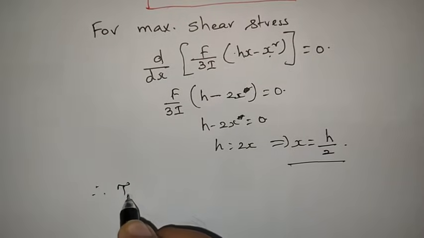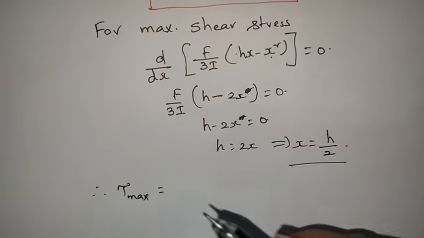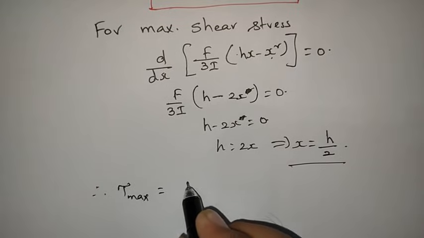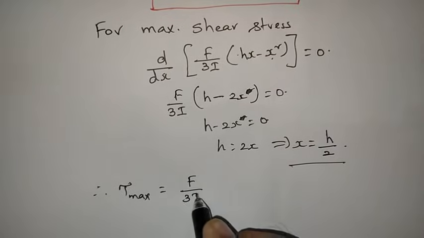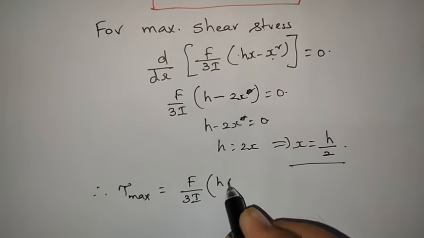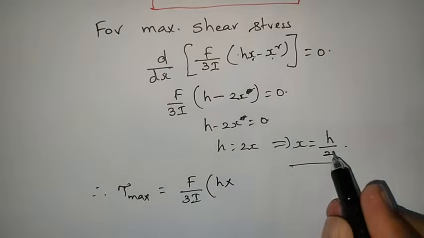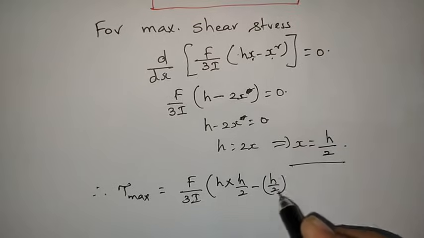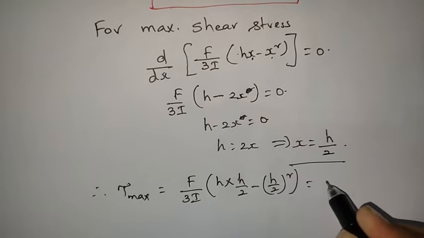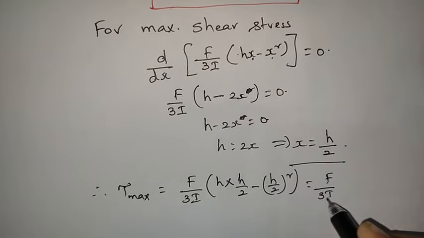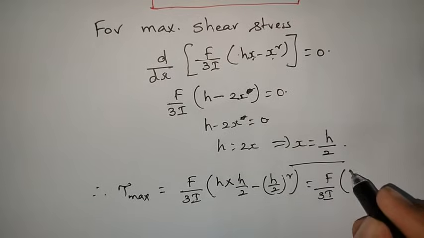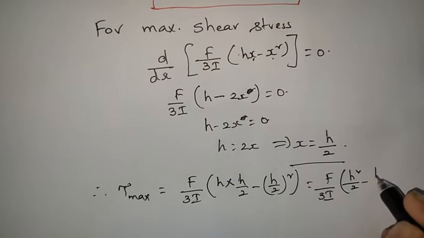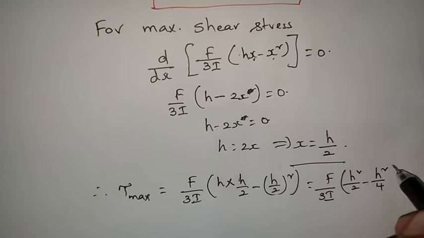Therefore tau max is equal to F by 3I into h into, in place of x substitute h by 2, h by 2 minus h by 2 whole square. That equals F by 3I into h square by 2 minus h square by 4.